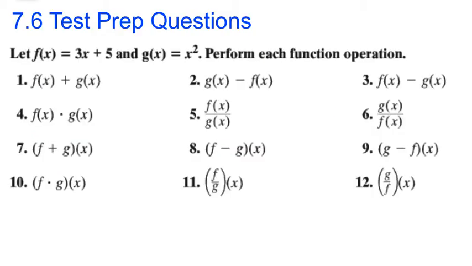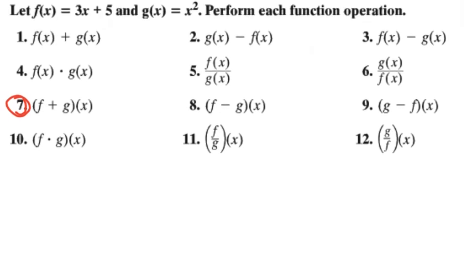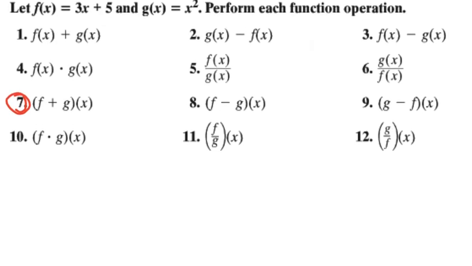All right, 7.6, the composition. First one should be easy, right? Let's do number 7. F plus g of x is the same as f of x plus g of x. Oh, my nose. We have, let me write that.